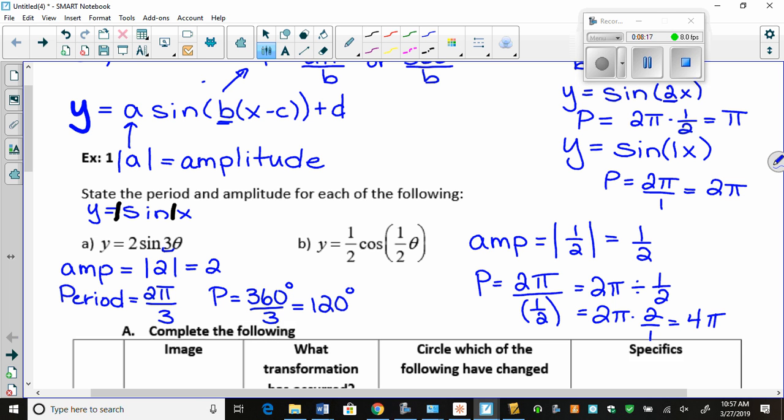This graph is now taking 4 pi or 720 degrees to repeat itself, correct? So it's taking longer. It's because it's being stretched horizontally by a factor of 2, because it always flips, right? Doesn't matter what unit we're in. So it became wider, twice as wide, before it repeats itself.